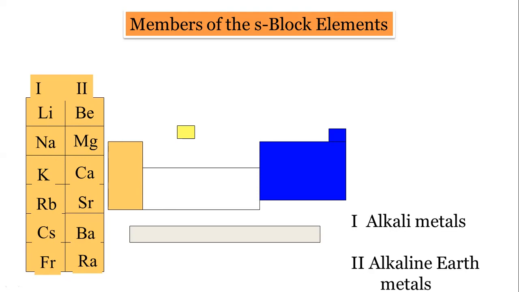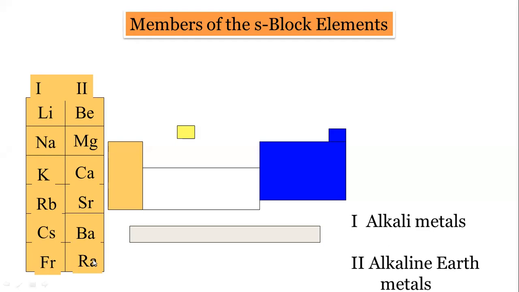subshell. Remember, now you are very familiar with shell, subshell, orbital, shapes of orbital, quantum numbers. You have a brief idea about all these things. So group 2 elements start from beryllium, magnesium, calcium, strontium, barium and radium. This is beryllium and this is barium, remember, and this is radium.